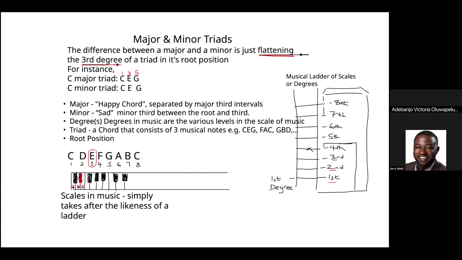Since the flat symbol has a pointed edge, it looks like a B. So this is exactly what we're referring to when we say you flatten a 3rd degree.